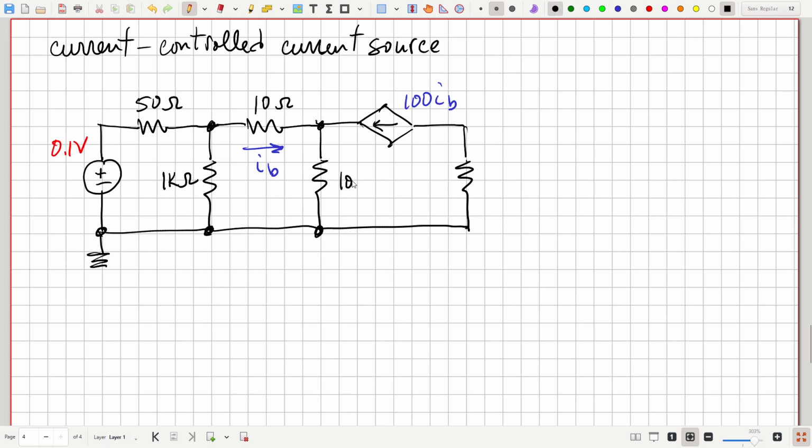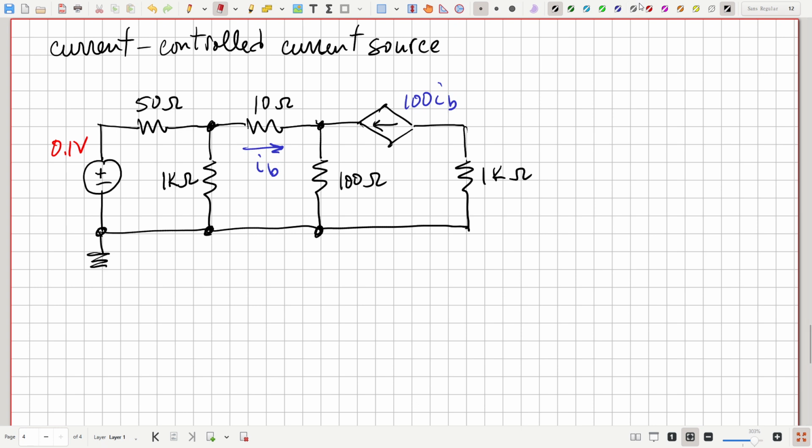This is 100 ohms, and this is also 1 kilo ohm. So solve this circuit using the node voltage method. So the wrinkle here is that this current source, its value depends on something else in the circuit. In this case, because it's current controlled, it depends on another current in the circuit.